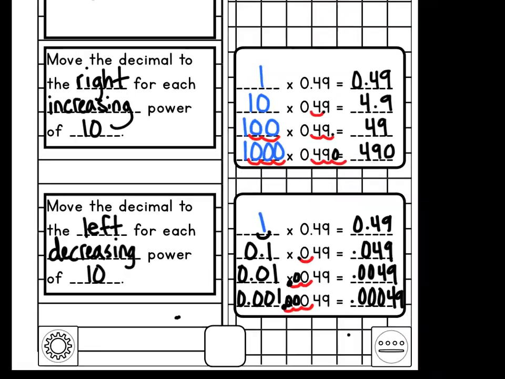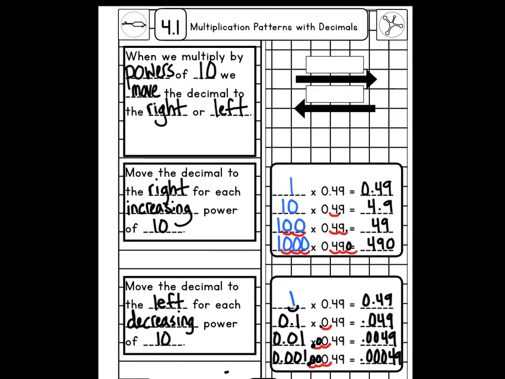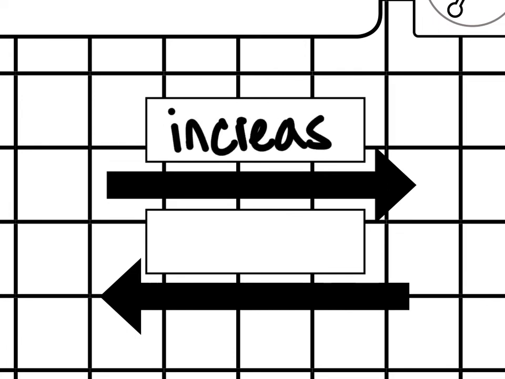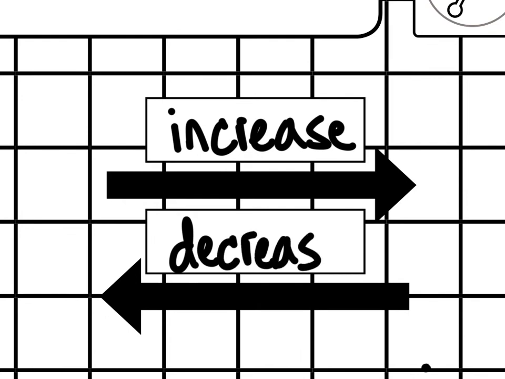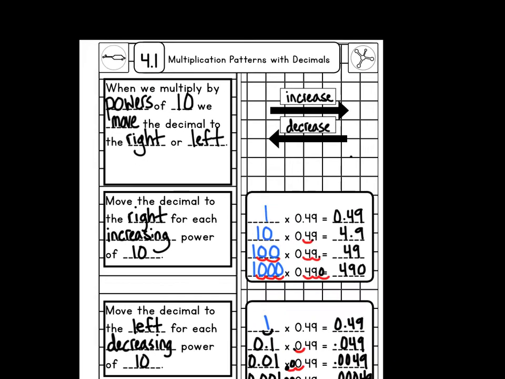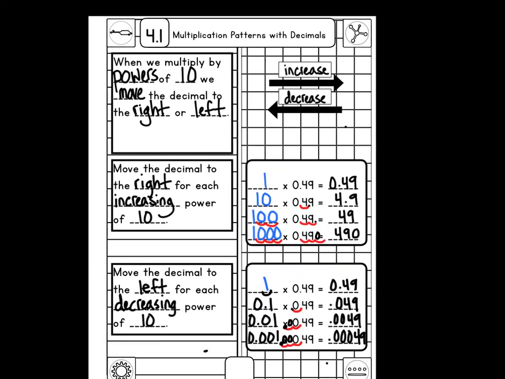Now, look at our sheet. If you go up to the top, when we move to the right, we increase our number. And when we go to the left, we decrease our number. Now, we should have that front page filled out.